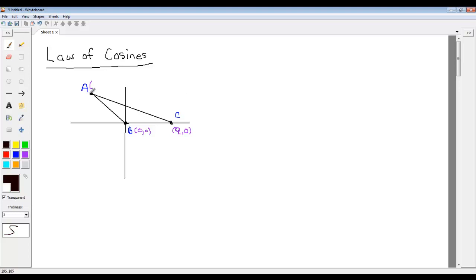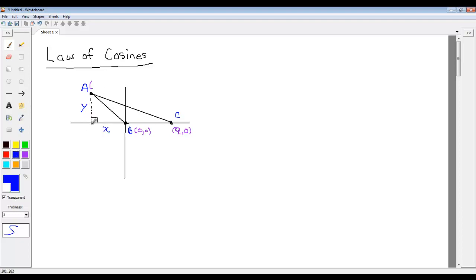Now, from vertex A, you can draw a perpendicular here and make a right angle with the x-axis. And then in turn, it makes a little right triangle right here. And we can say, well, this length here is some x value, and this length here is some y value, because you have the x-axis versus the y-axis.